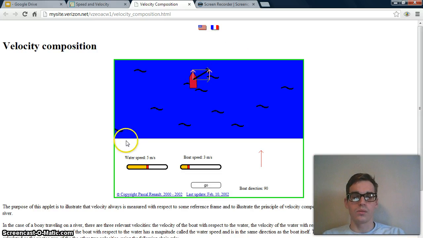So the boat is moving from this point to this point on this vector line, or on this arrow, at a certain speed, at a certain velocity. Also, we need to think about the speed of the water, which is variable. We can change that up. Or the speed of the boat, which we can change that up.